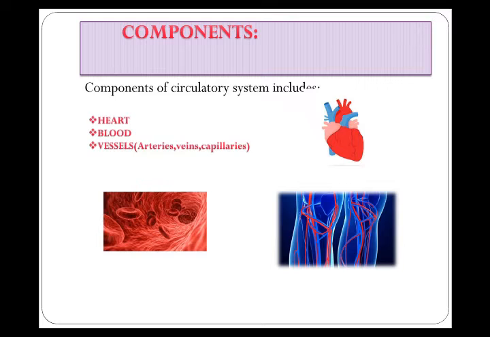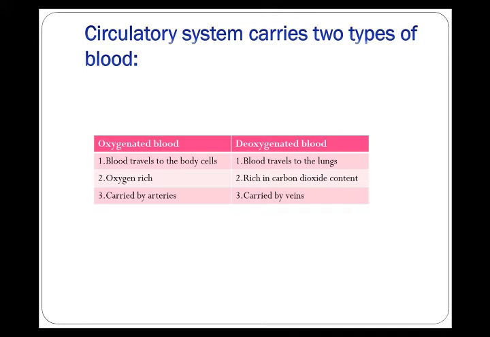Let's move to now this circulatory system has two types of blood. One is oxygenated blood and one is deoxygenated blood. What is oxygenated blood? Oxygenated blood means the blood which has oxygen and it gets oxygen from the alveoli.